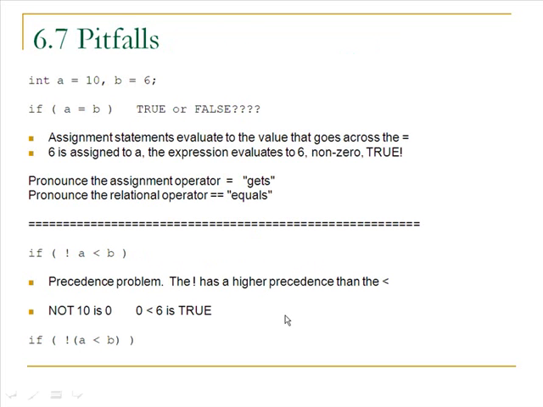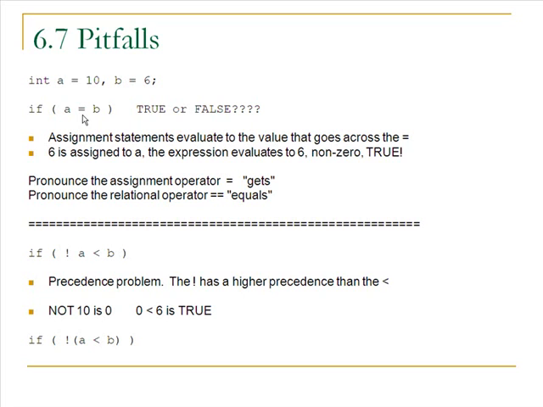Here is one of the pitfalls that all C programmers will eventually fall into. The single equals sign in C is the assignment operator, and we're pronouncing that gets so that we won't confuse it with the relational operator equals. If you do accidentally write if A gets B, would that evaluate to true or false?